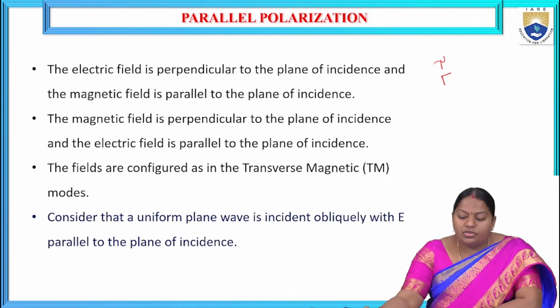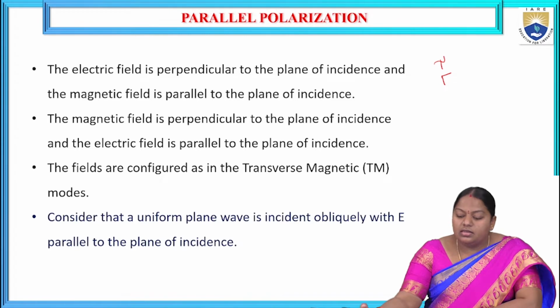Before going to derive the parallel polarization transmission coefficient and reflection coefficient, firstly, how does oblique incidence occur? The oblique incidence at a plane dielectric boundary also we have discussed. In that case, we learned about Snell's law of reflection and Snell's law of refraction.